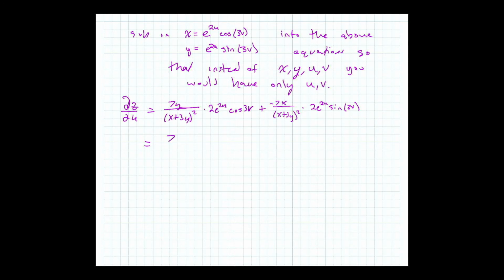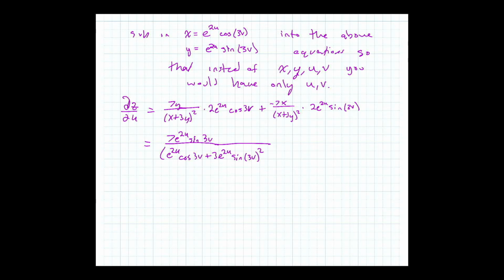You have 7y, which is e to the 2u sine 3v, over x, which is e to the 2u cosine 3v, plus 3y. 3y is e to the 2u sine 3v quantity squared.